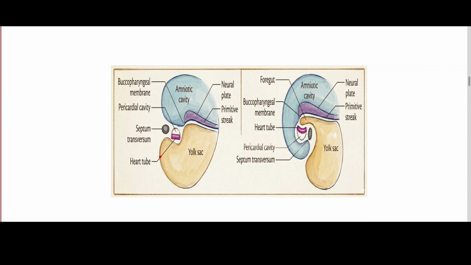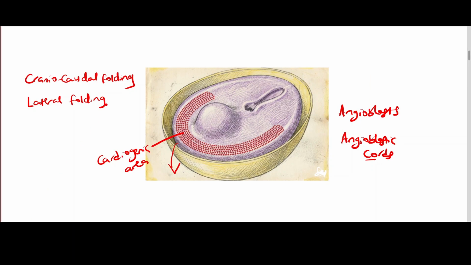Now, almost at the same time, the embryo undergoes lateral folding. Lateral folding is also called side-to-side folding. So apart from the craniocaudal folding, the embryo also undergoes side-to-side folding.